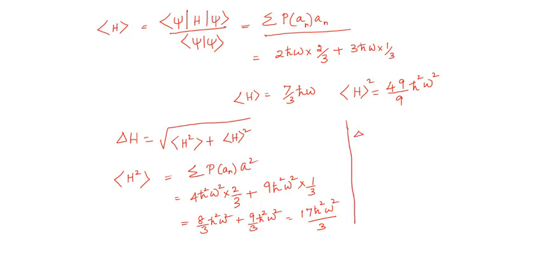Now you can find the error in h. Square root of 17 h cross squared omega squared by 3 plus 49 by 9 h cross squared omega squared. So taking h cross squared omega squared outside, you will be getting h cross omega. Adding 17 by 3 plus 49 by 9. Sorry, it is not plus, it is minus. Here, just change the formula. This is minus.